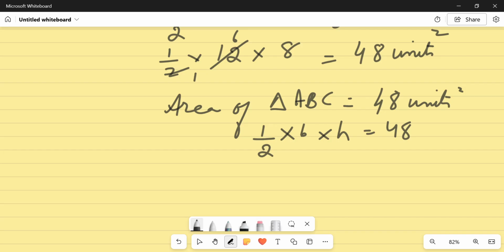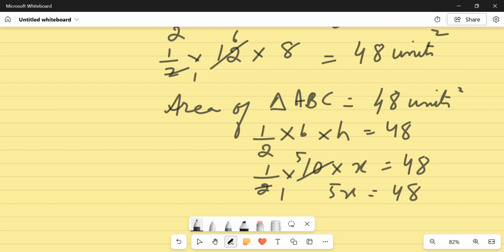Height is the length. So half times base BC. The base is BC, right? Because it's written in the question from A to BC. So BC is your base, and the measurement is 10, and height we don't know, so we assume that it's going to be X. So 2 times 1, 2 times 5, 5x equals 48, right?